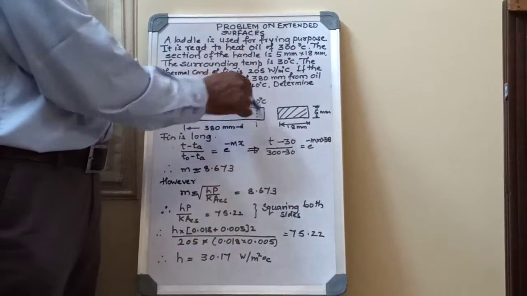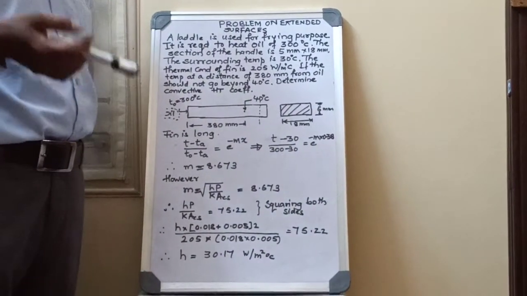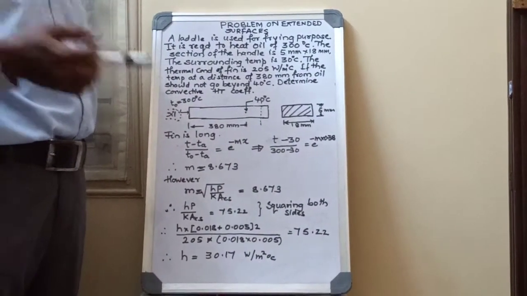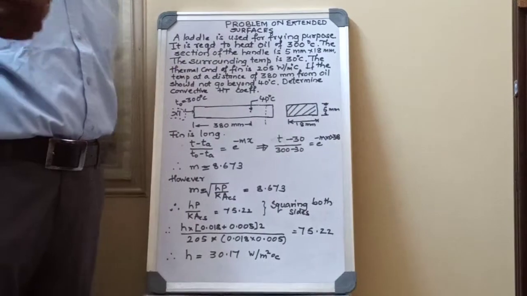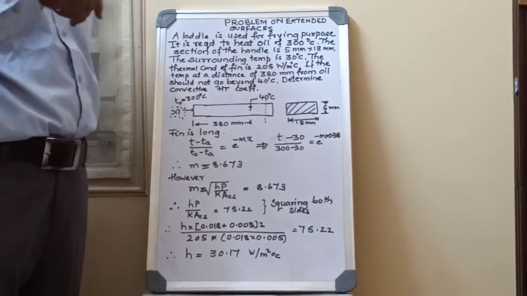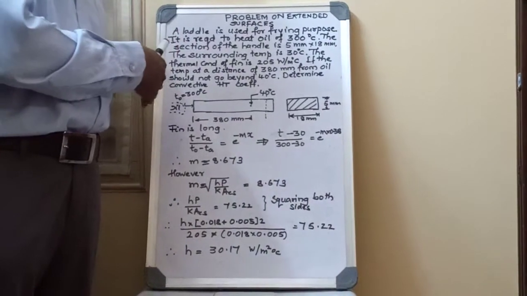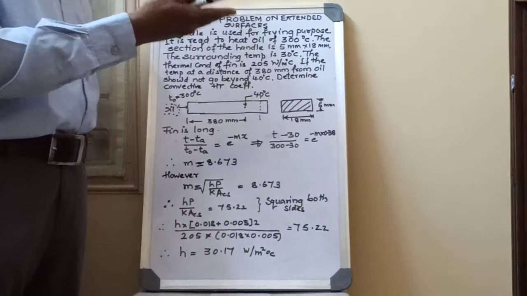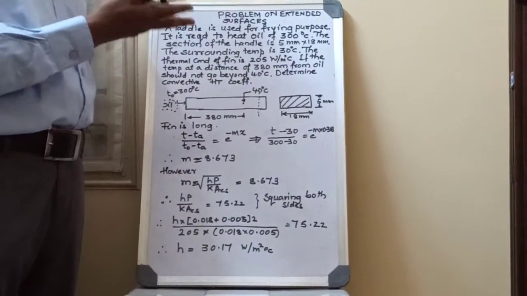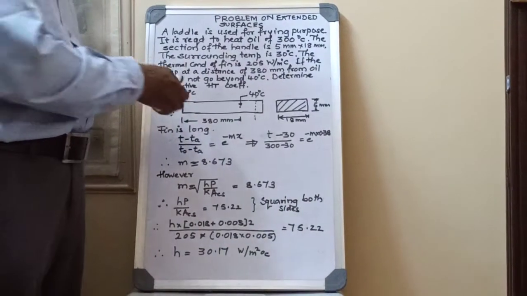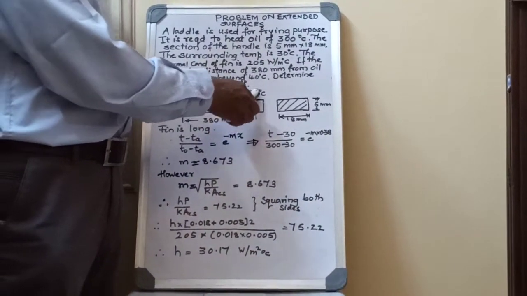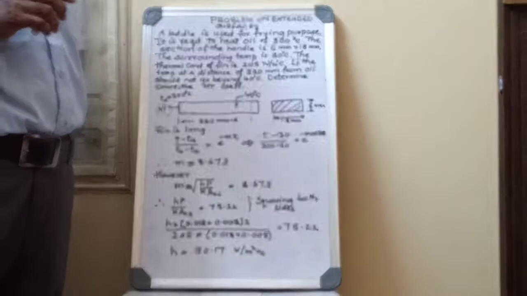Because the heat should not cross 40 degrees centigrade, our hand should be safe. Otherwise, if the temperature is very high, we cannot touch the ladle. One end is in the oil, the other end is in the human hand, so the human hand should not burn out or get more heat.